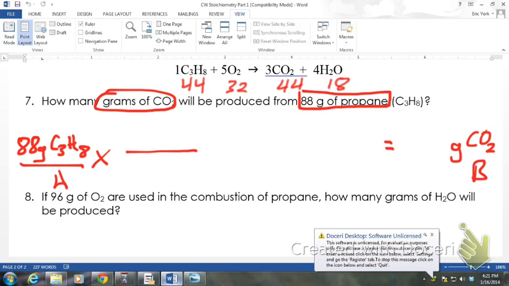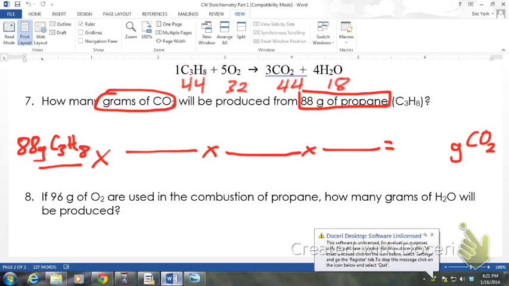As you know, this is a three-step problem, so that means you are going to have three conversion factors for this problem. Again, using our molar roadmap, our stoichiometry roadmap, we know that the first step is converting grams of C3H8 into moles of C3H8.